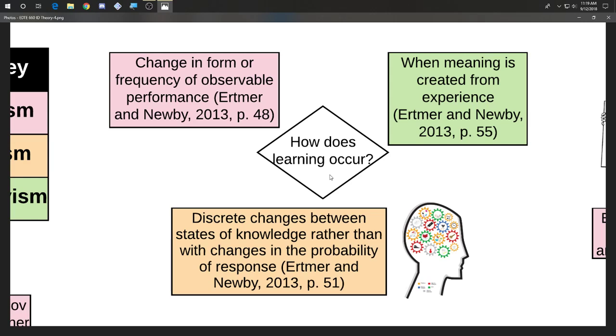Now, a common thing that we're going to see in all of constructivism is that learning occurs through experience. And just as a quick philosophical history lesson, this goes back to, as Ertmer and Newby talked about a little bit at the beginning of their chapter, the idea of classical empiricism, which was reaffirmed by the modern empiricists, basically fathered by René Descartes, where he basically said that all of our existence and our concept of reality is derived from the senses.